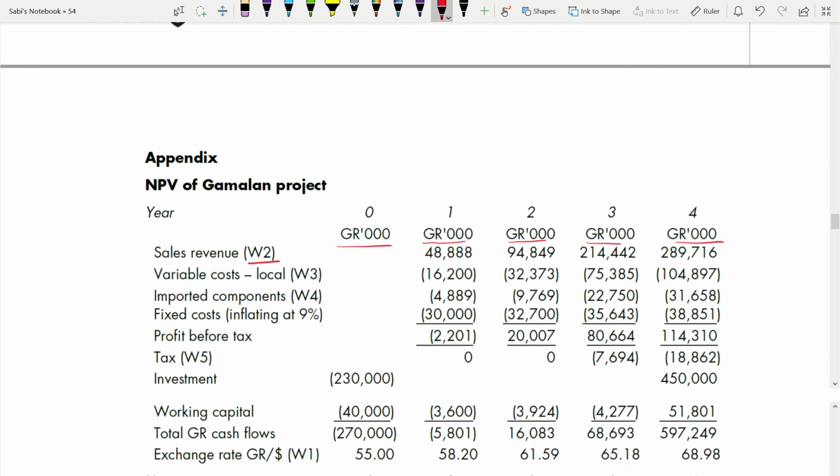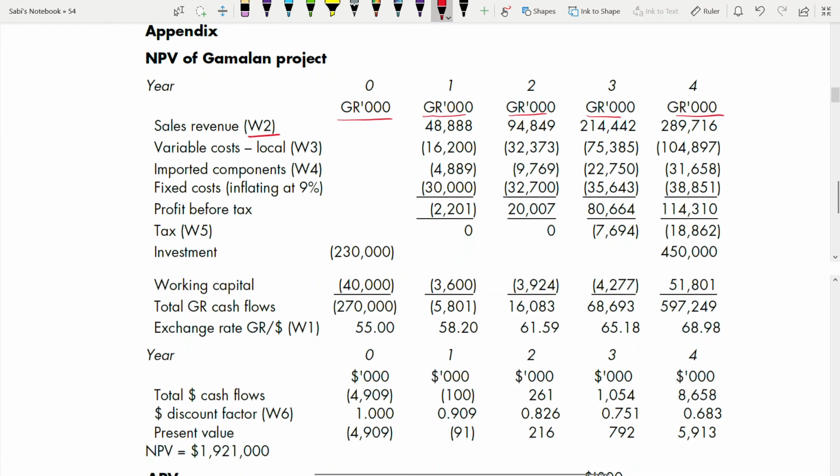So first, as soon as you write appendix, this table has to be there, the full table where net present value is shown. Wherever you cannot find a figure, write it as working. Keep 1 or 2 pages, depending on your judgment how much space you need, because I cannot tell. Sometimes you need 1 page, sometimes even more. Here it looks like it needs more pages.